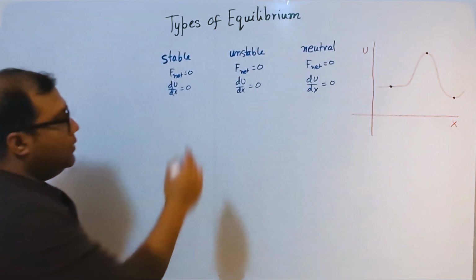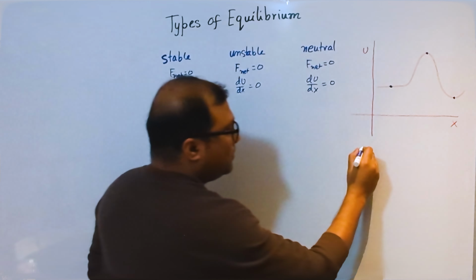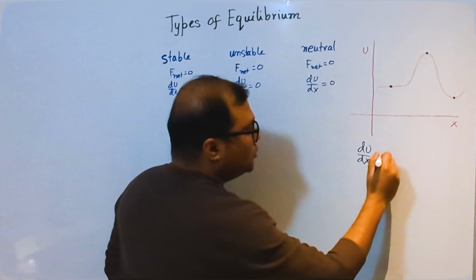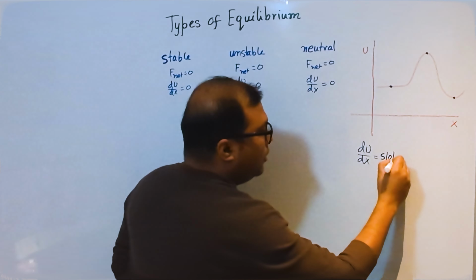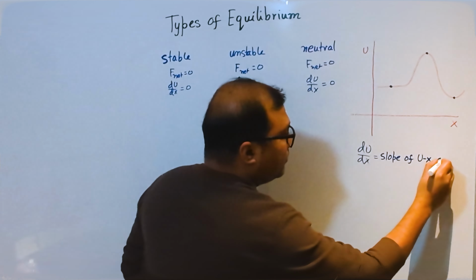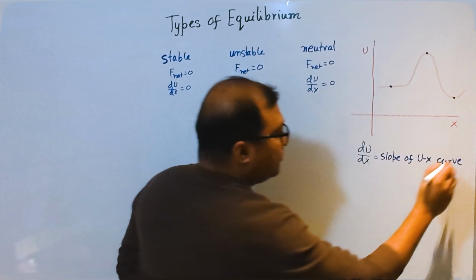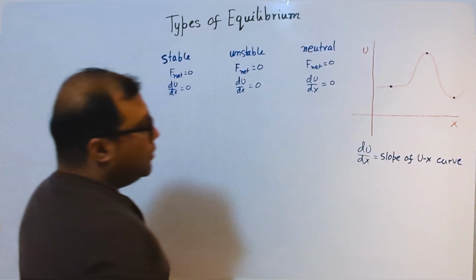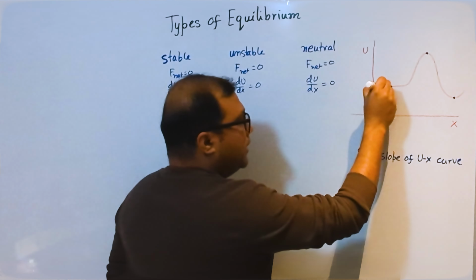What is du dx? du dx is nothing but the slope of the U-x curve, right? Now, what is the slope at this point?